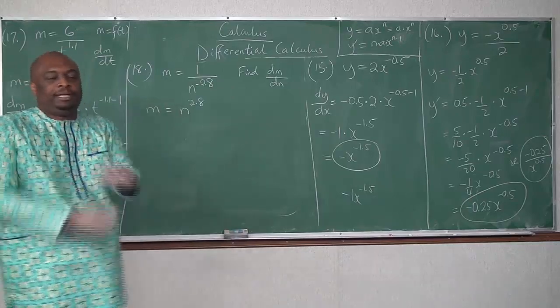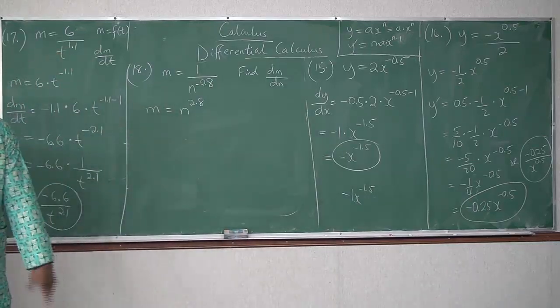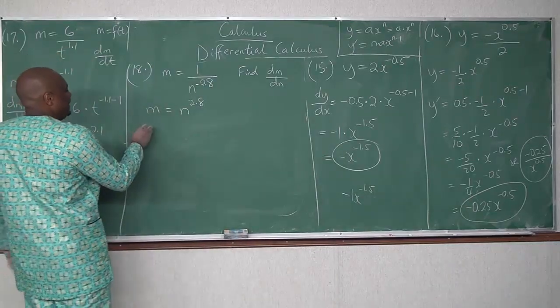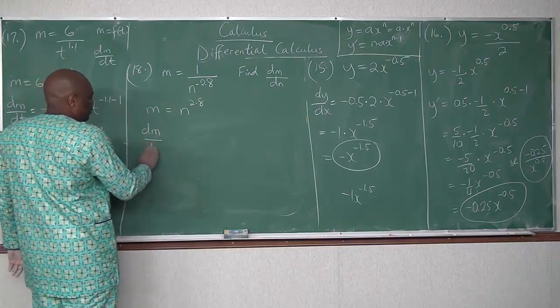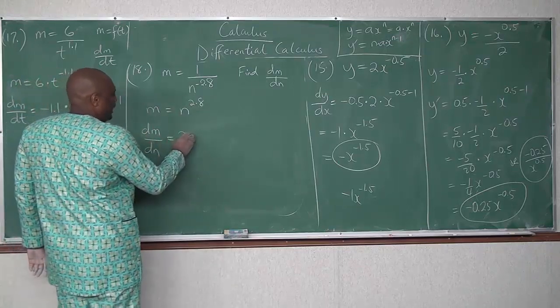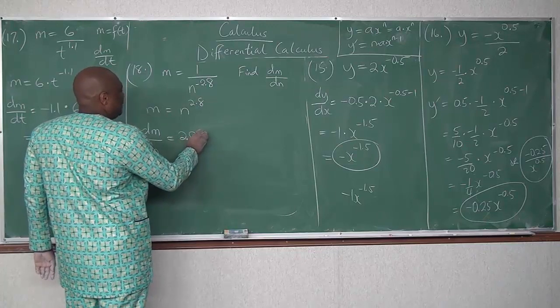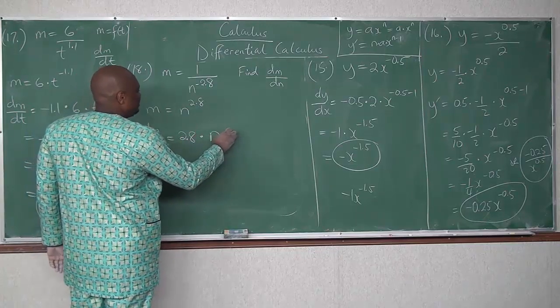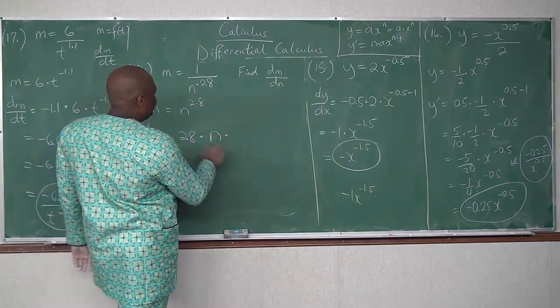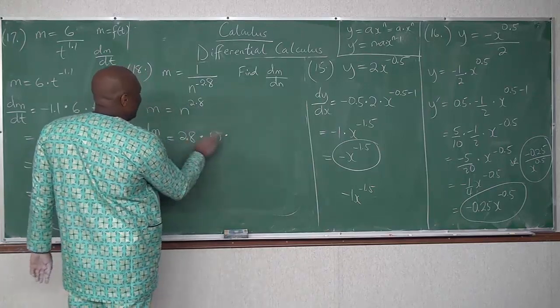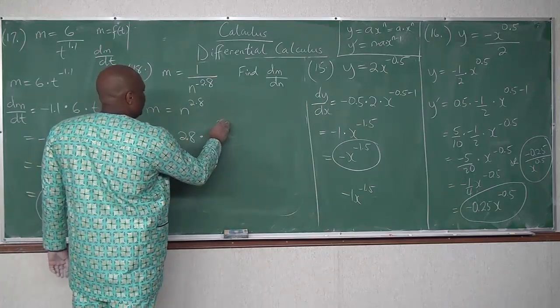Please view that video on exponents, all of it. It's very important. So dm dn will be 2.8 times n exponent what?